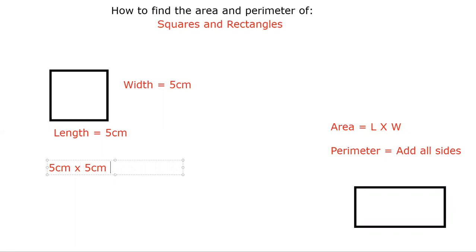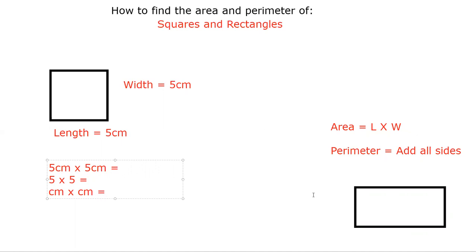Now, we're not quite finished yet because there's something else you need to be aware of here. We can rewrite this question so that it says 5 multiplied by 5 and centimeter multiplied by centimeter. It's important we multiply those centimeters together as well.